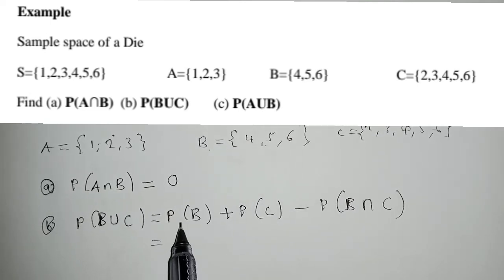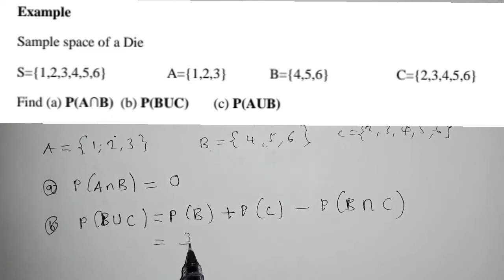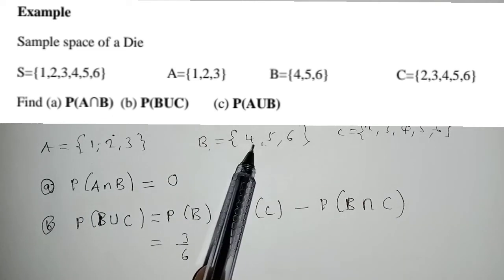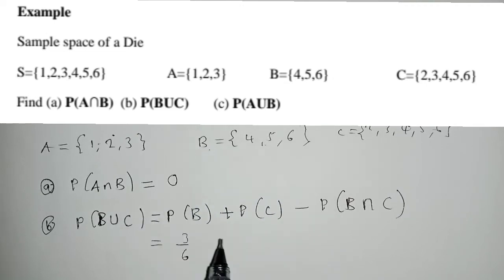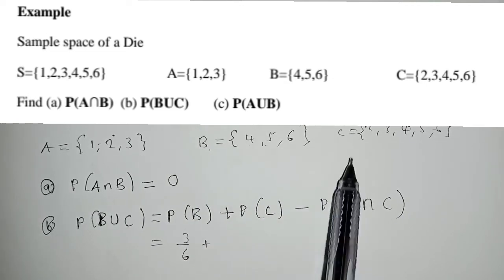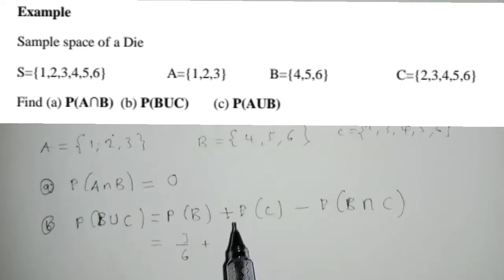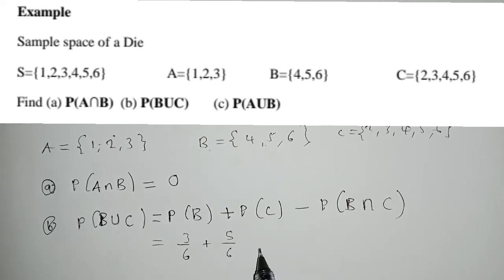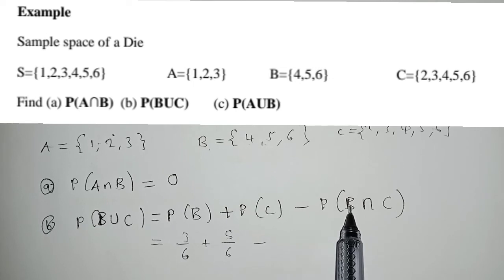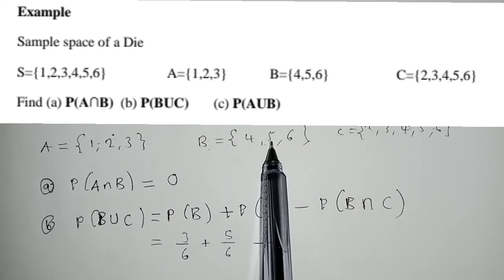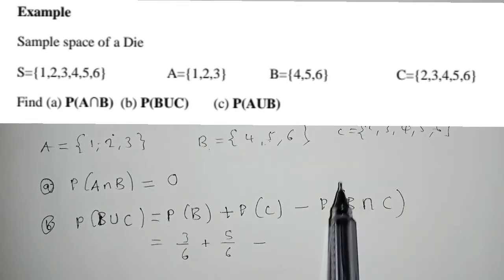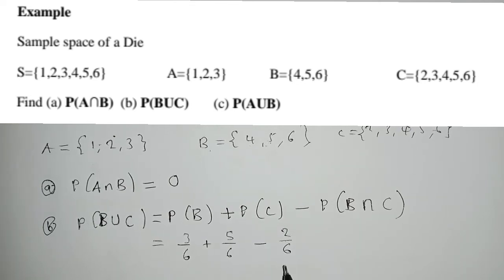So what is the probability of B? It's 3 over 6. So you just check 3. How many do you have? 1, 2, 3. 3 over 6 plus the probability of C, 1, 2, 3, 4, 5. It's 5 over 6 minus the probability of B intersect C. So how many elements are common here? 1, 2. They are just 2. So it's 2 over 6.